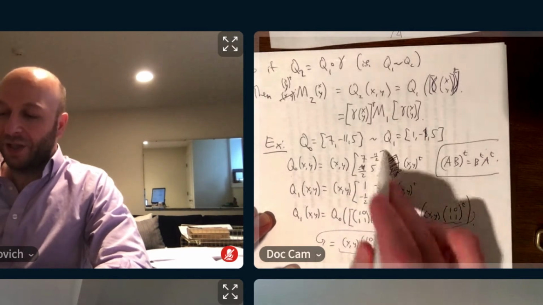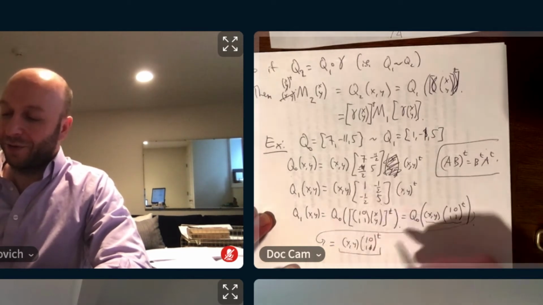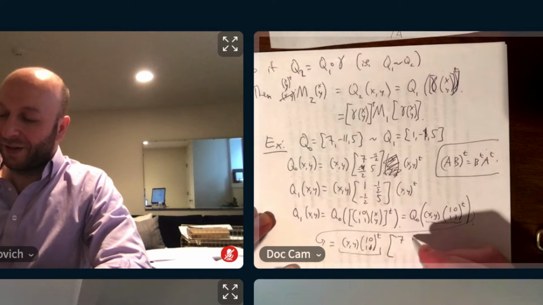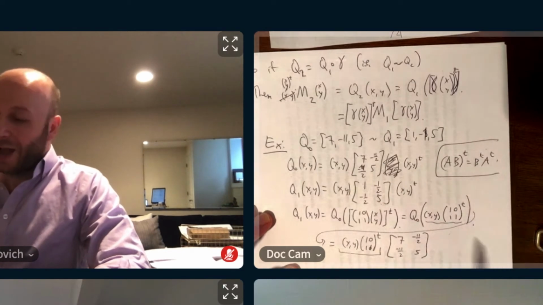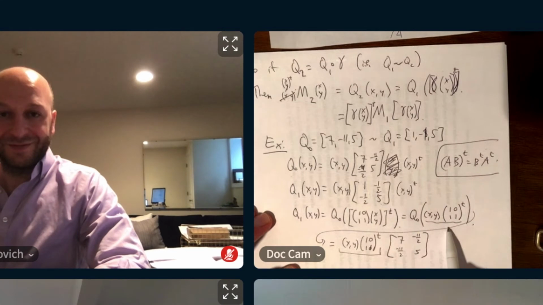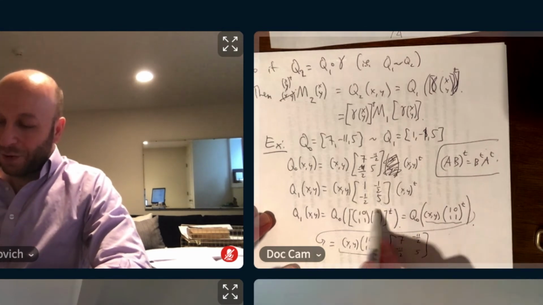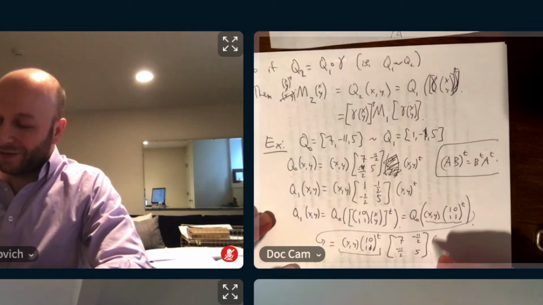Times the half-Hessian, the Gram matrix of Q0: 7, negative 11 halves, negative 11 halves, 5. Times the transpose of what was in here, and the transpose of what was in here was the original thing: 1, 0, 1, 1, xy.